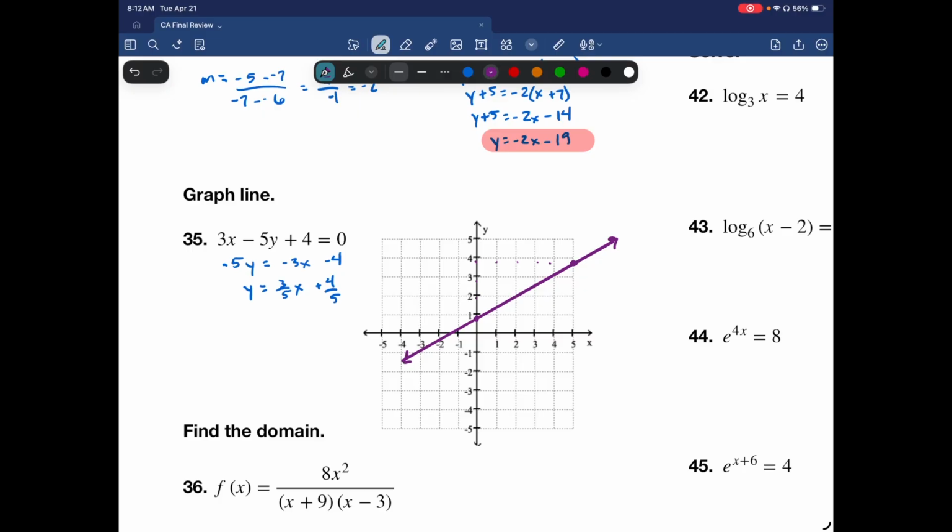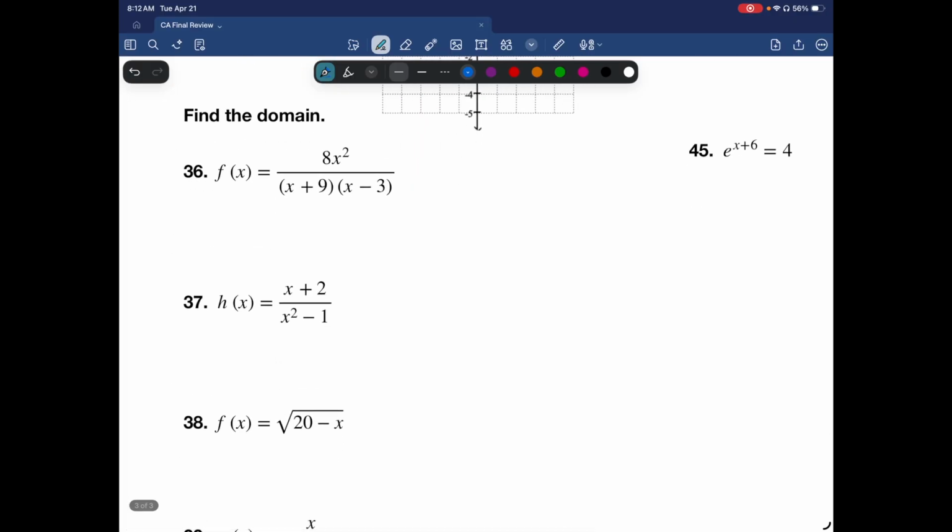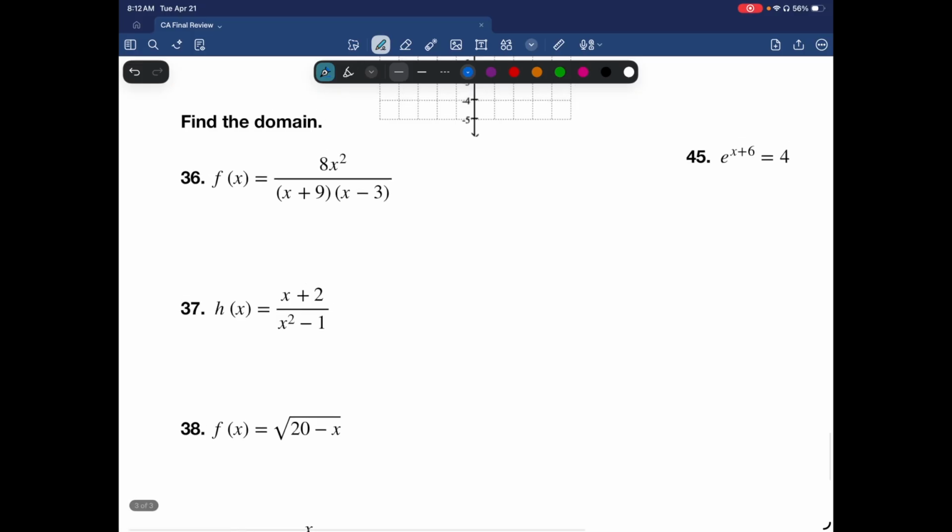Okay, on 36, 37, 38, and 39, we're trying to find domain. Your domain wants to be all real numbers, and the only thing that keeps it from being that is if you are dividing by 0 or if you have a negative under the radical. So on 36, our denominator's in factor form, so I don't have to do anything there. I just need to set each one of these equals 0.